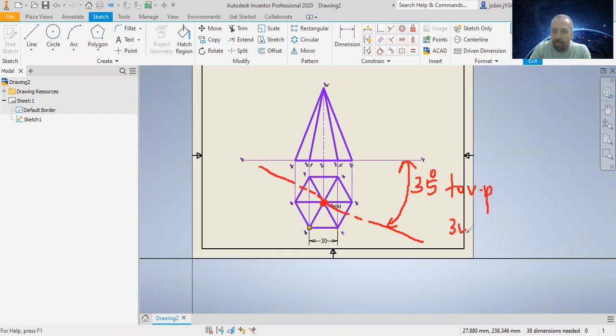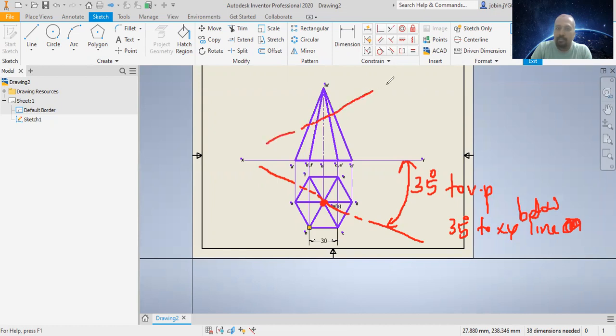35 degree to VP means 35 degree to XY line, that means below XY line. If it is 35 degree to HP, the cutting plane will be above XY line.